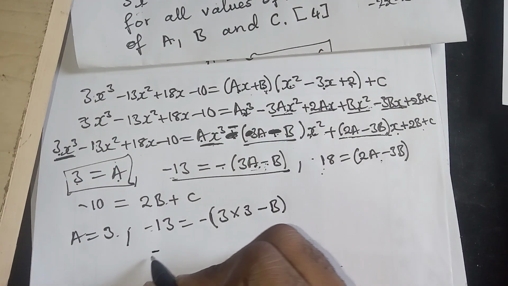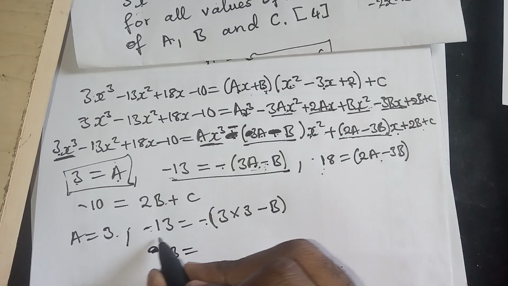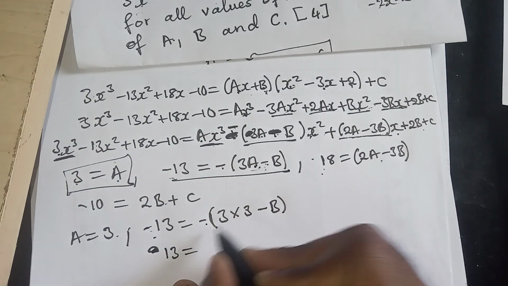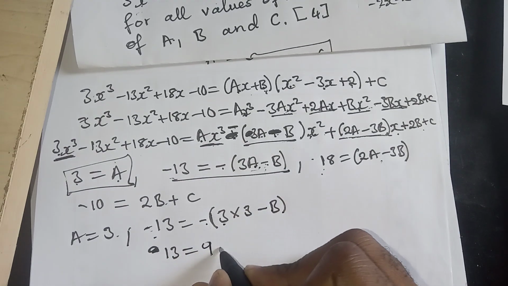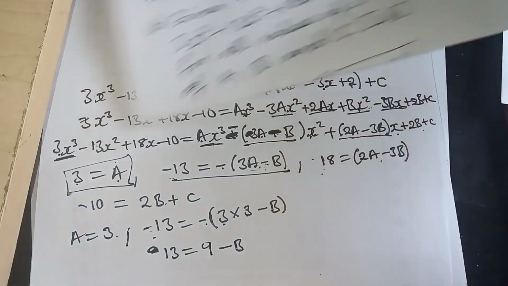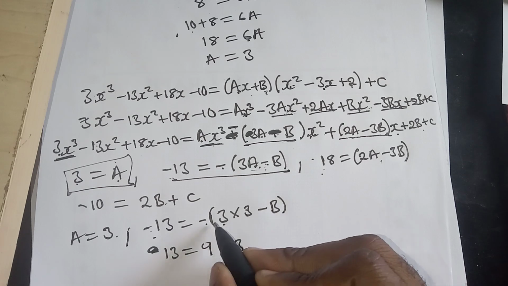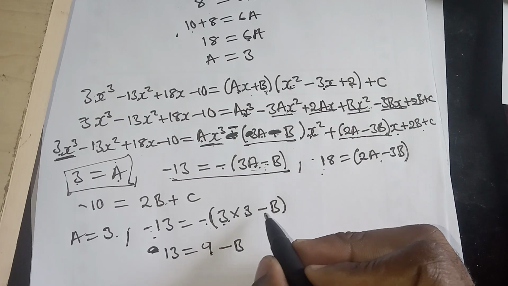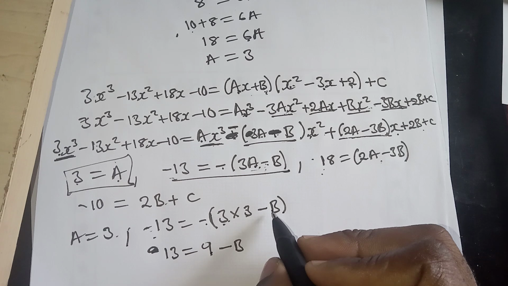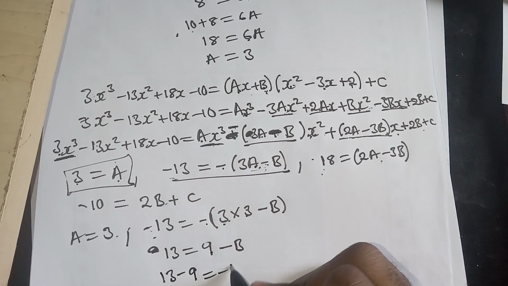So this will be, since this is a minus and this is a minus, you can just ignore the negative signs. You can think of this as division by a negative. This by this is 9 minus b. So you can take the 9 to the other side and 9 is equal to negative b.